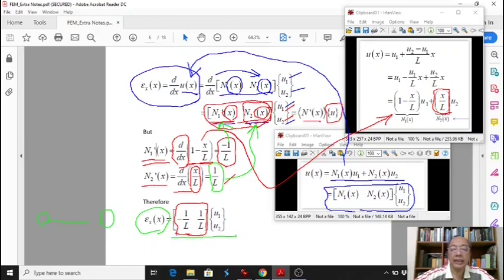So we conclude that the strain at any point in the bar element is constant.